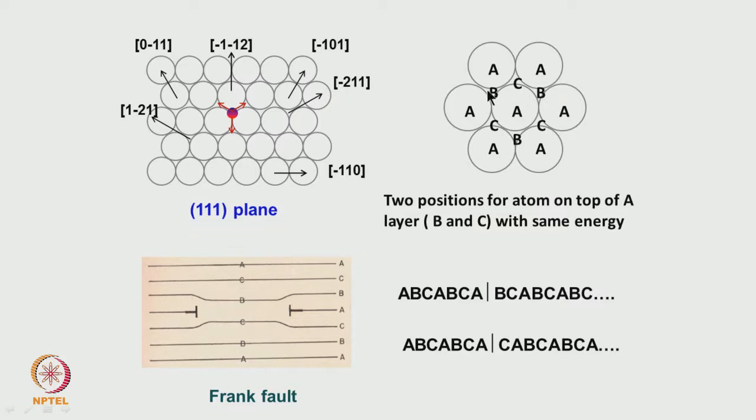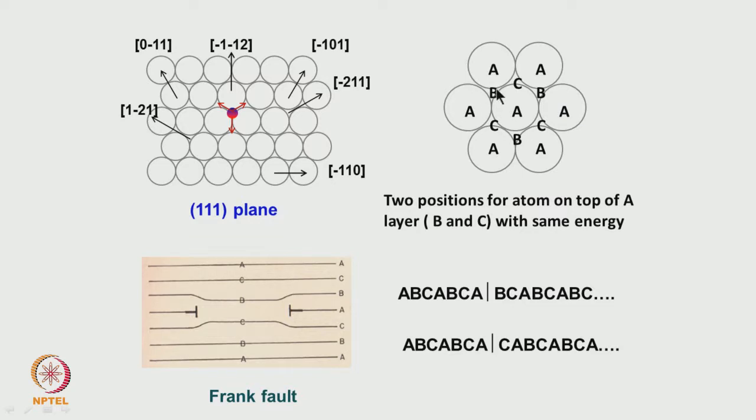The same type of atom cannot sit here and here on a hard sphere model, because that spacing doesn't permit. So this is the A layer. If this is the position which the B layer occupies, and then a similar gap will come, and the next layer of atoms, if you put it, comes to these positions, then we call it the C layer position. So the stacking sequence essentially becomes ABC, ABC.